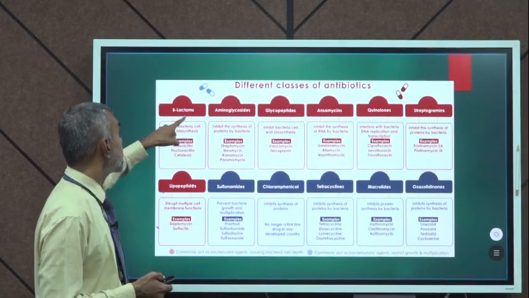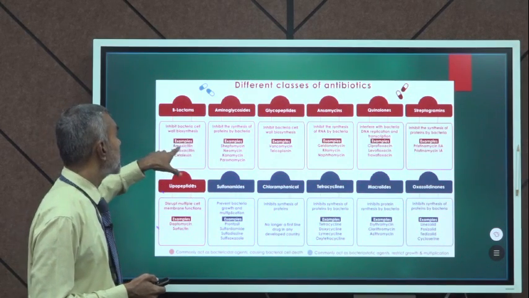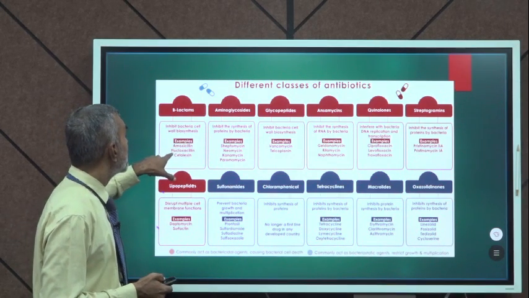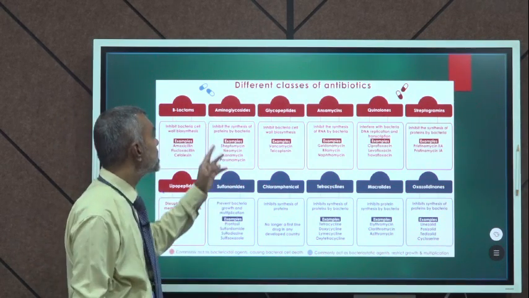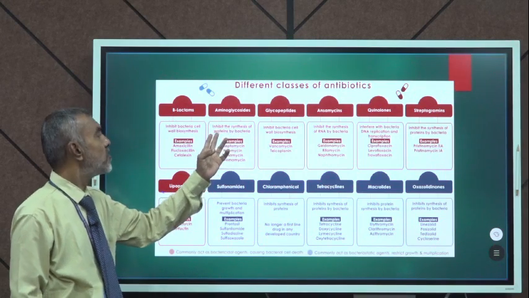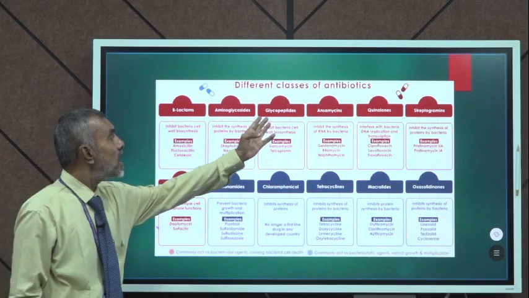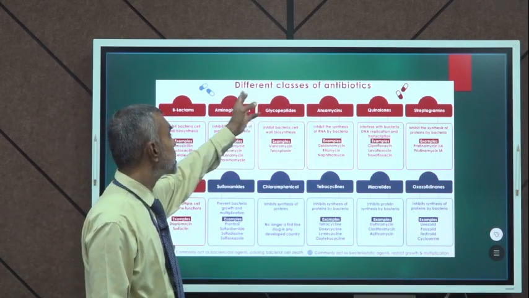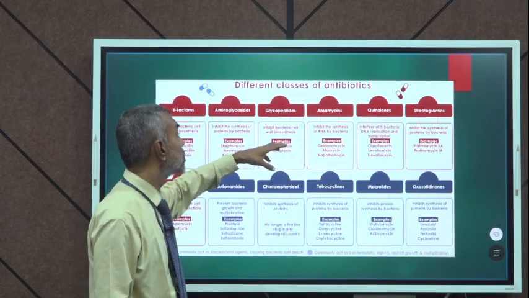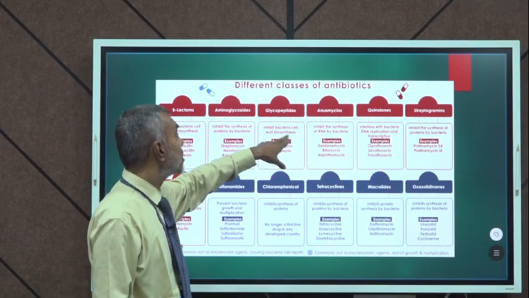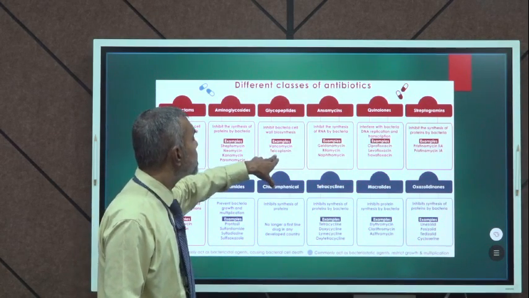Coming to the beta lactams, they inhibit bacterial cell wall biosynthesis, for example amoxicillin, flucloxacillin. Aminoglycosides inhibit the synthesis of protein, for example streptomycin, neomycin. Glycopeptides are conjugated peptides associated with a glycan molecule, and inhibit bacterial cell wall biosynthesis, for example vancomycin and teicoplanin.